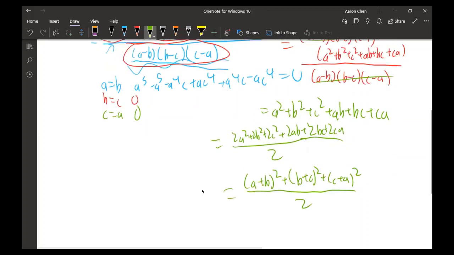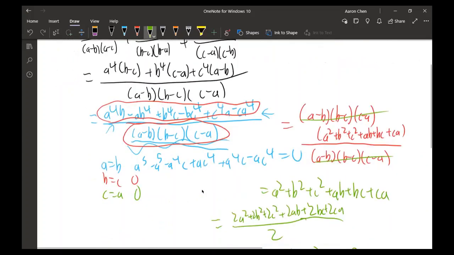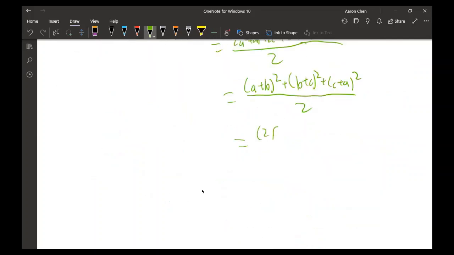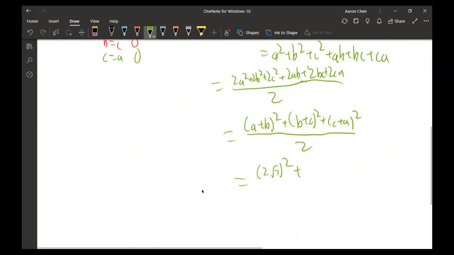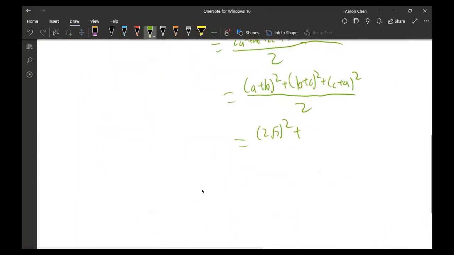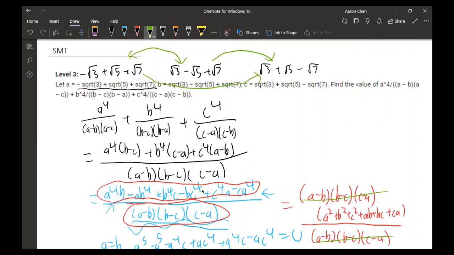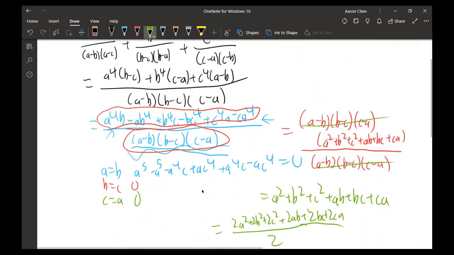And so now we can substitute. The sum a plus b, we can see, is just 2 root 7. And b plus c here is, as we can see, 2 root 3, and finally c plus a, as we can see here, is just 2 root 5.